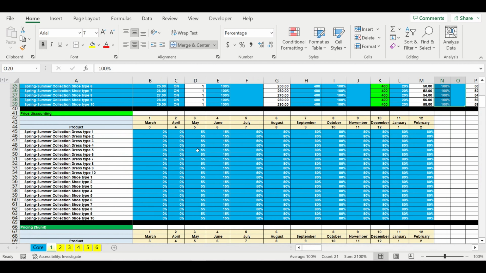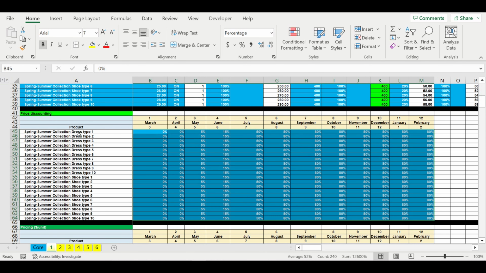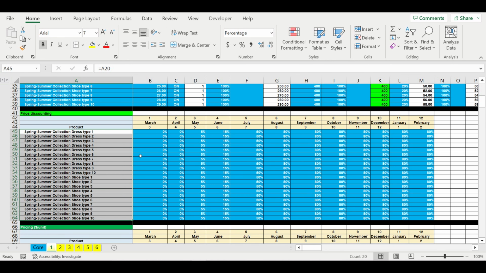Then we set up the discounts for the pricing. When the collection gets inside the store, we have no discounts, then some discounts appear, then discounts start growing, and then we have sales, for example. Here we specify the level of discounts for our product line inside the timeline.